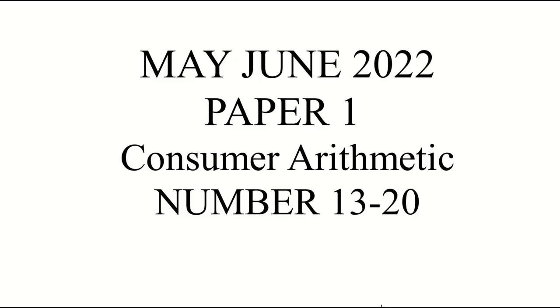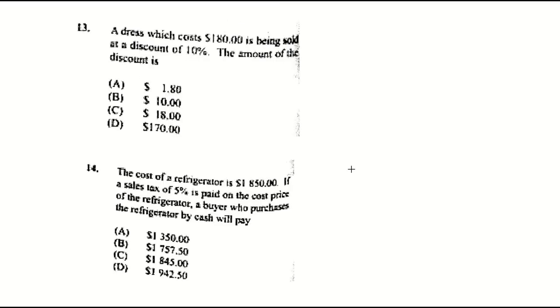Let's look at May, June 2022. Paper 1, Consumer Arithmetic, 13 to 20. Right, a dress costing 180 is being sold at a discount. This is a repeated question. The discount is 10%. 10% of 180 is $18. Right?